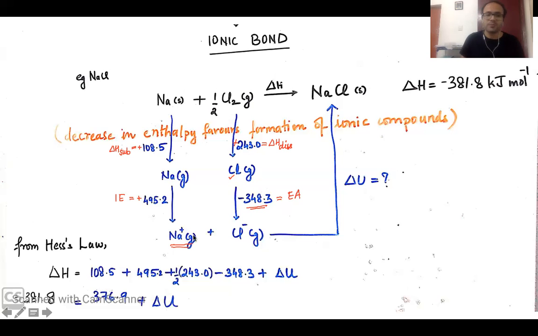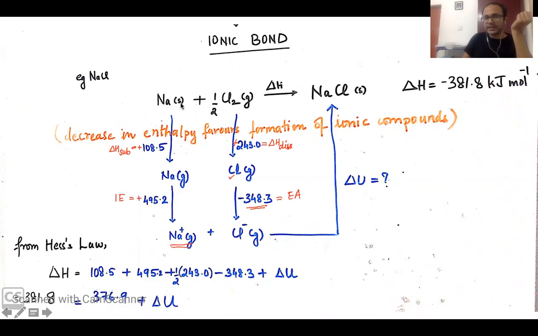Now, if you remember Hess's law, Hess's law states that the enthalpy of a particular process is equal to the addition of the individual steps involved in the alternate path.